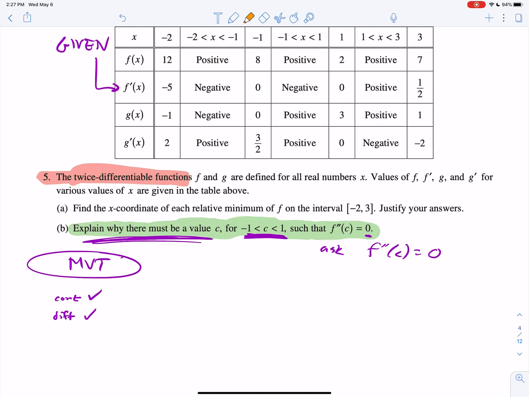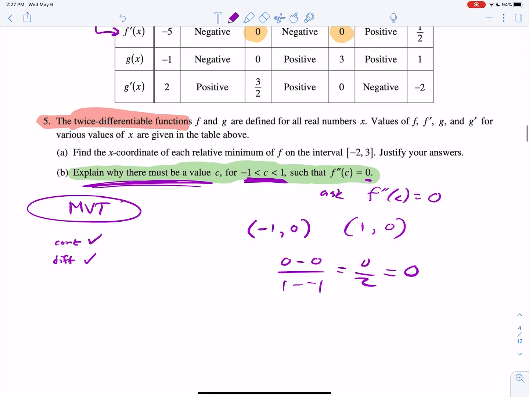At -1, the derivative is 0, and at 1, the derivative is 0. So here are my 2 points, -1 comma 0 and 1 comma 0. If I find the slope here, or the average rate of change, it's going to be 0 minus 0 over 1 minus -1, which is 0 over 2, which is 0.